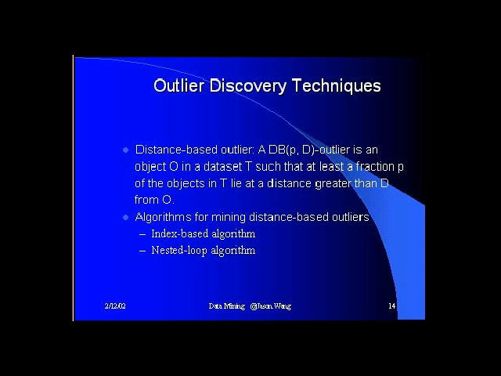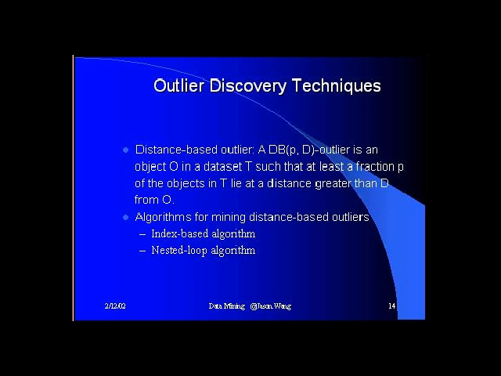The nested loop algorithm works in a different way. Instead of using any index structure or data structure such as R tree or KD tree or any other trees, this algorithm just uses a nested loop. For each object, you pre-calculate all the pairwise distances. So for each object, you find the near neighbors that are within distance d of this object.